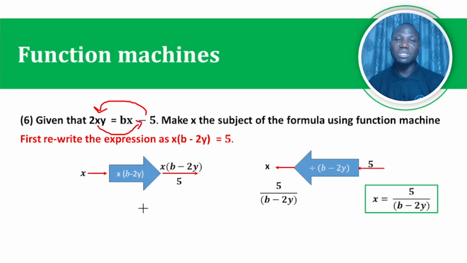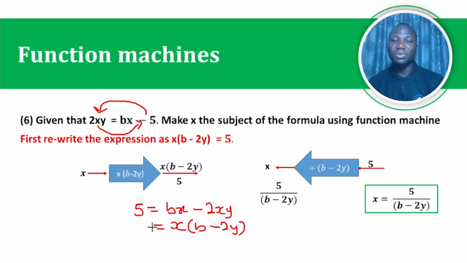So that will give me 5 is equal to bx minus 2xy. The next thing I did was to factor out x, since x is common between these 2 terms. So I factored out x, that's x into bracket b minus 2y equal to 5.